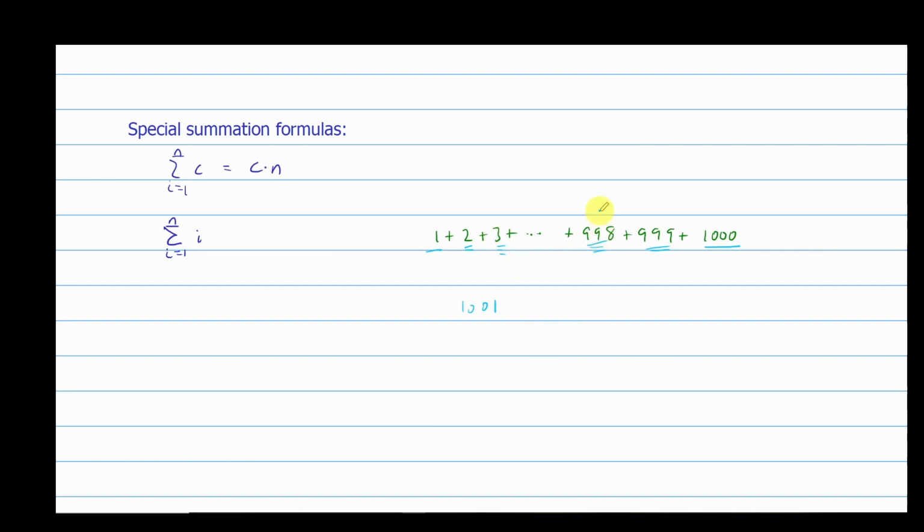And every time we create a pair like this, they add up to 1,001. So I have this number 1,001 repeated, and then we just have to figure out how many pairs we have. Well, if it's 1,000 numbers and I'm pairing them all off, there are 500 pairs. So it's just 1,001 times 500, and that's not a very difficult multiplication to do. All right, so we get 500,500.